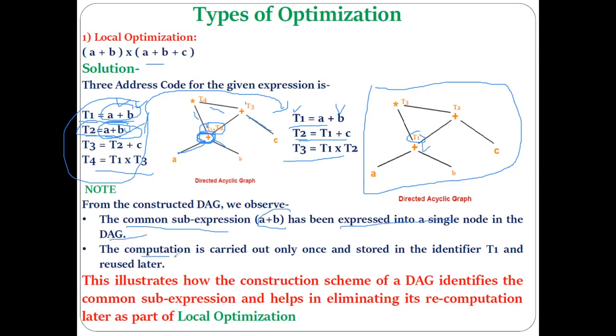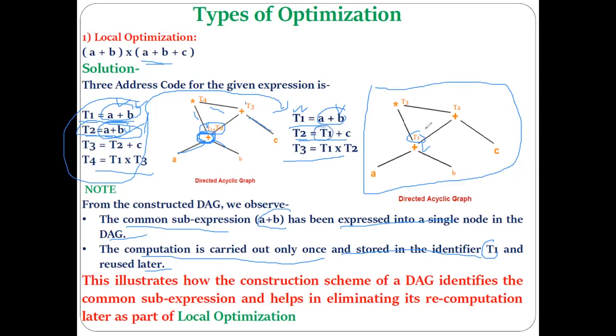So the computation is carried out only once, and the result is stored in T1 and can be reused later. We have computed it once and stored the result in T1, and here it is repeated. So next time we are not going to compute A plus B, we will just utilize the variable that stores the result of A plus B, that is T1.